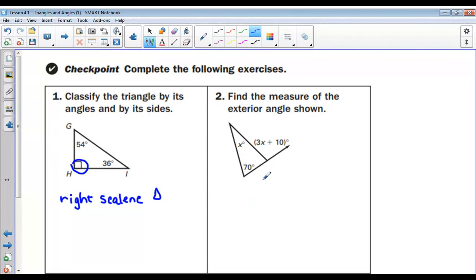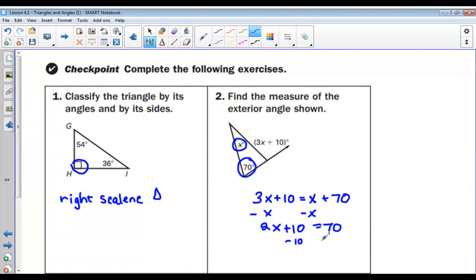All right, applying that exterior angle theorem, I know that the exterior angle, so the 3x plus 10, is equal to the 2 non-adjacent angles added up. So x plus 70. So when I start solving for x, I'm going to get 2x plus 10 equals 70.